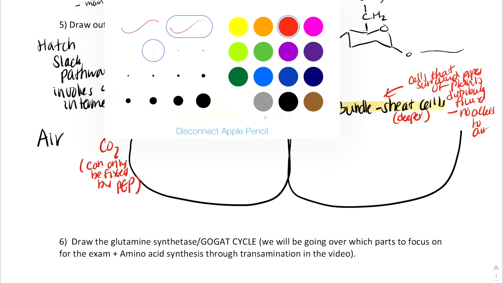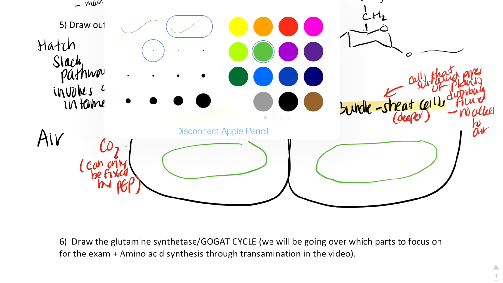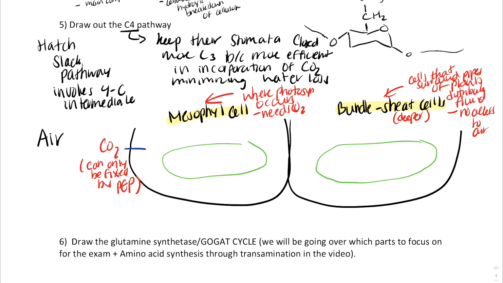So CO2 comes in. Let me just draw this region right here. Okay, so CO2 comes in. And you also have phosphoenol pyruvate, also known as PEP, which is a 3-carbon.